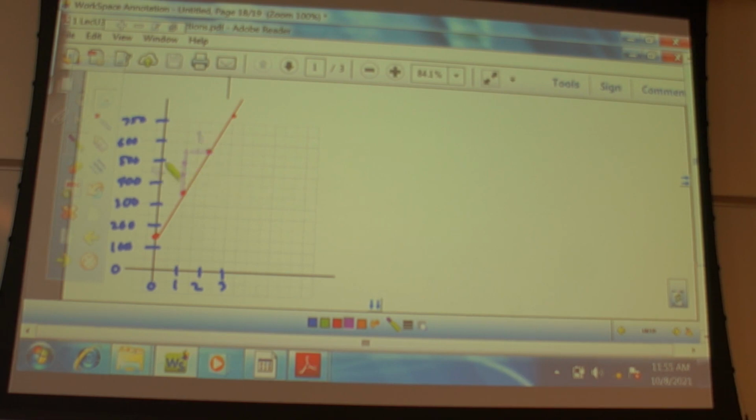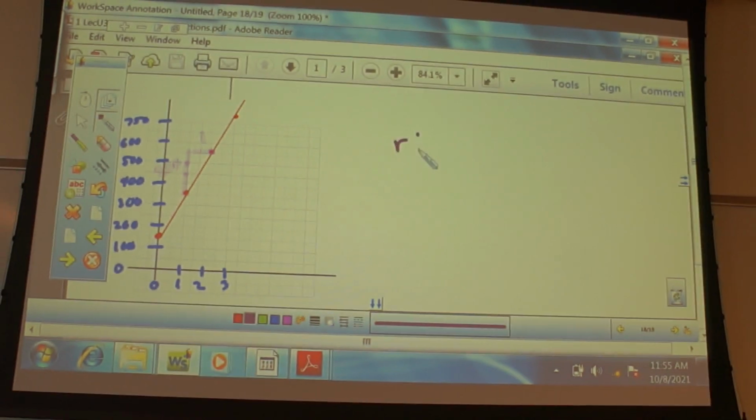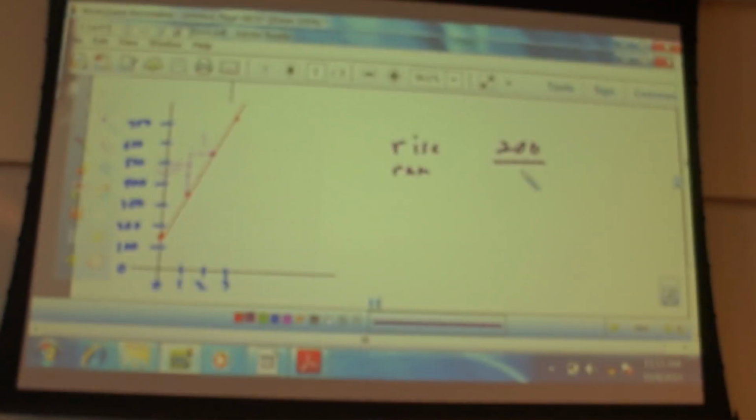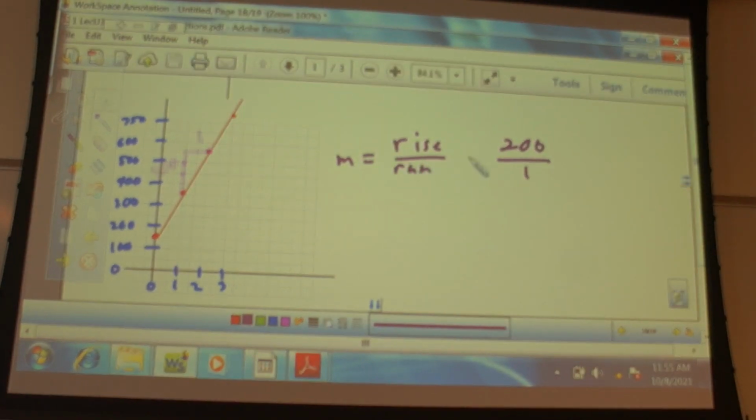Oh, you can't see that very well, can you? My rise is 200, and my run is 1. So that means my slope, we call her M, is 200.